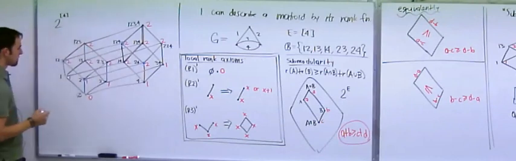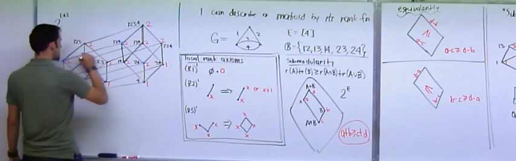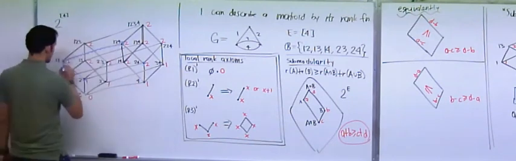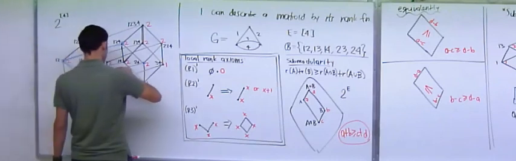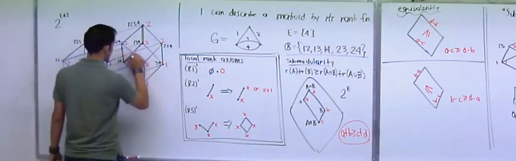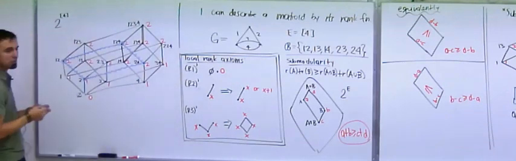I mean, you could just even say there's a cube, right? Happens to be a two-dimensional cube. So that's also a matroid.